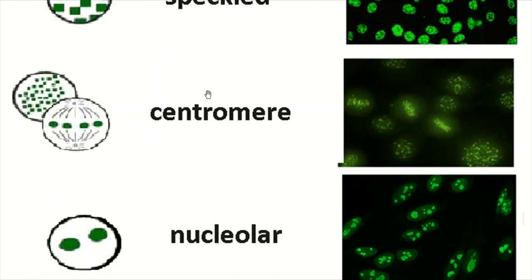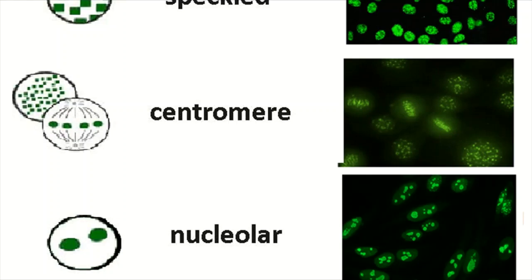Third type is the centromeric pattern. The centromeric pattern occurs because of the antibody staining during a specific phase where centromeres are predominant. This is how you can see it. Just appreciate the right-sided image. Can you appreciate these two big cells in the center where all the antibodies are stained in the center, where all your centromeres are aggregating?